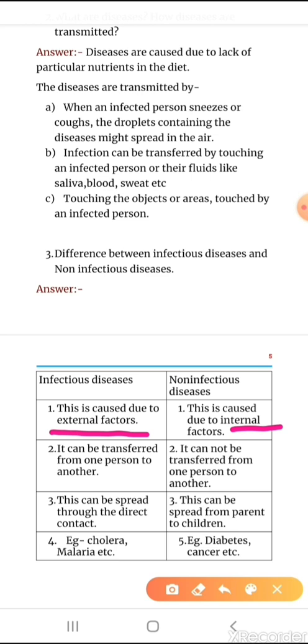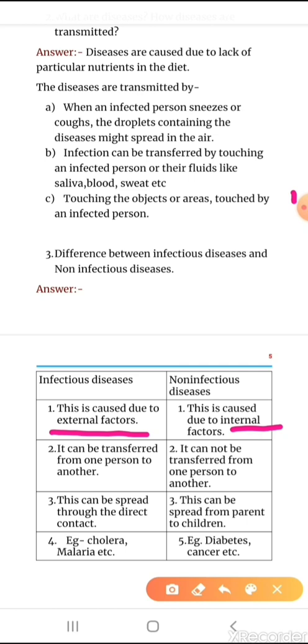Okay. Third one is, this can spread through direct contact. Infectious diseases spread through direct contact. When we come in contact with an infected person, then it easily gets transmitted.